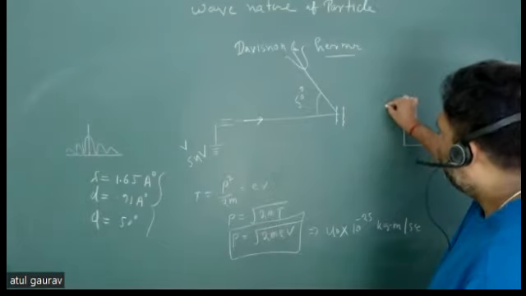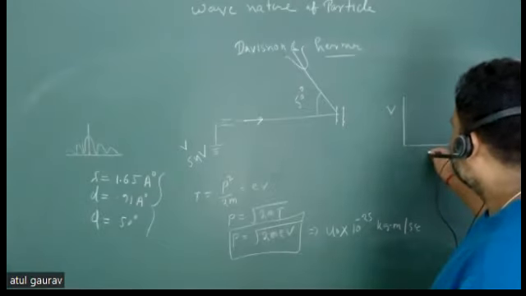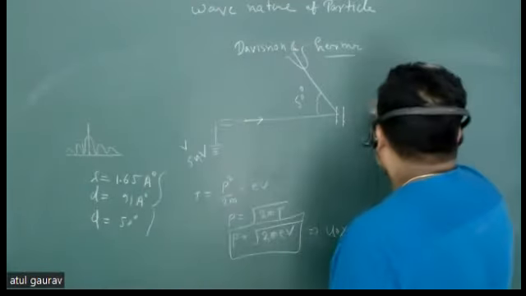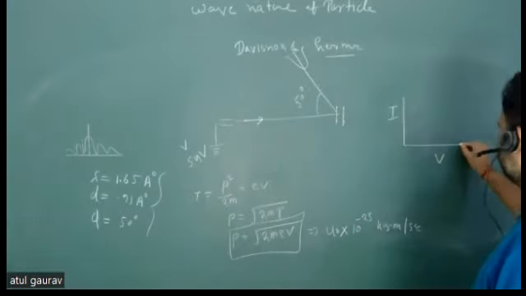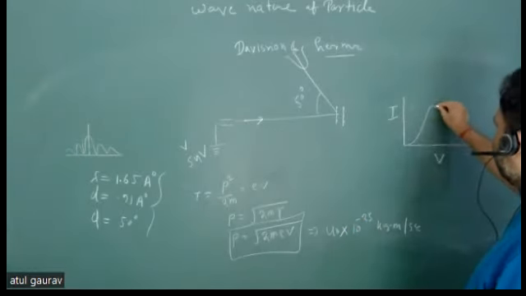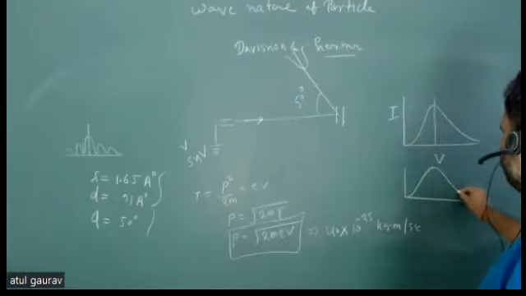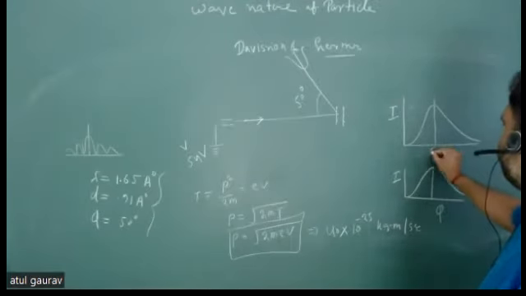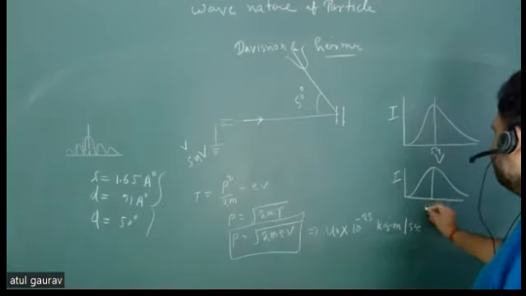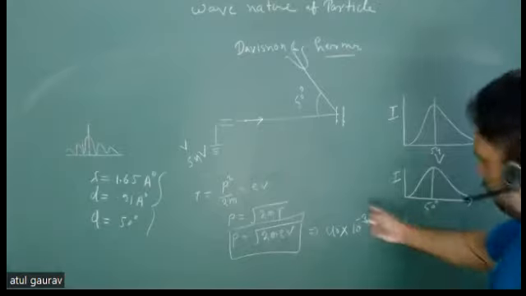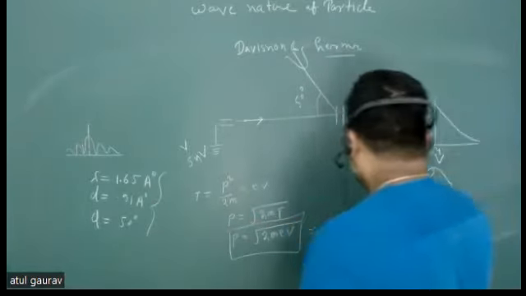When we get potential versus, and where you are getting this particular peak, this is current versus potential. So at the potential 54 volt, we have the maximum intensity, and the same thing we calculate as intensity versus angle, and at this angle 50 degree we are getting the maximum peak.